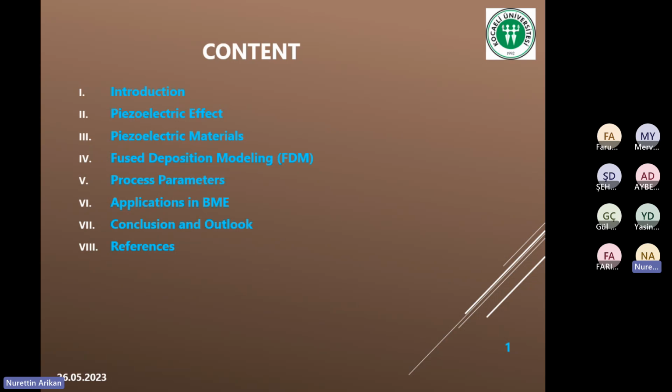I'm going to give a brief introduction and then mention what the piezoelectric effect is and what piezoelectric materials are. Afterwards, I will pass on to fused deposition modeling, a well-known method of additive manufacturing. Then I will give several process parameters derived from literature, recent publications, so to say.